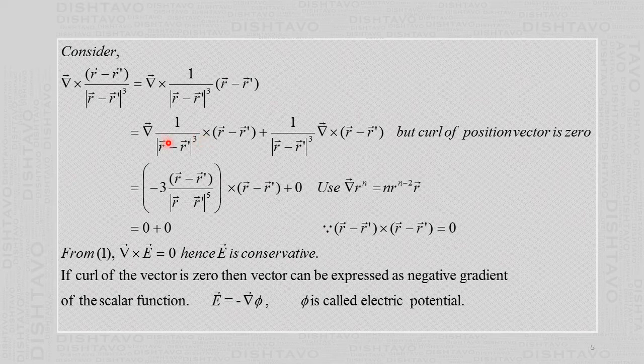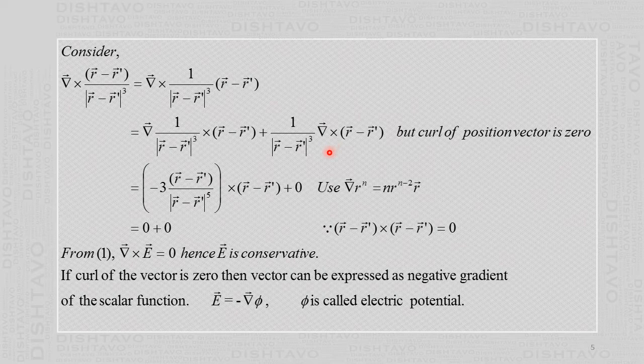So this is u dash v plus u v dash. So u here is this term, 1 upon modulus of vector r minus vector r dash cube, into v dash, that means the derivative of the second term. The derivative here is like a del, and r minus r dash. Since this is a vector quantity and vector r minus vector r dash is a vector quantity, you have to write cross in between.